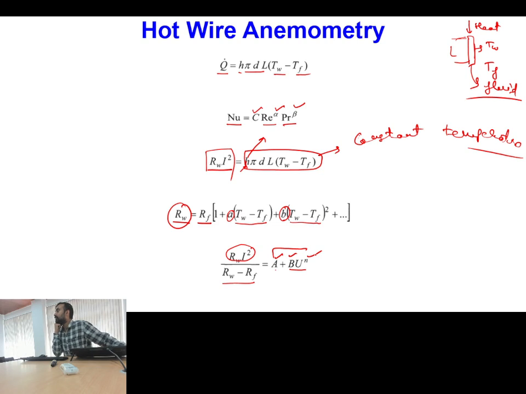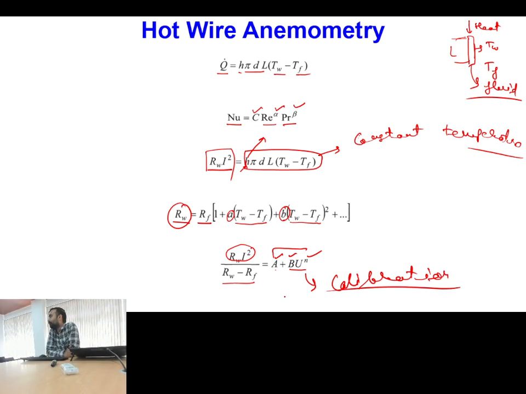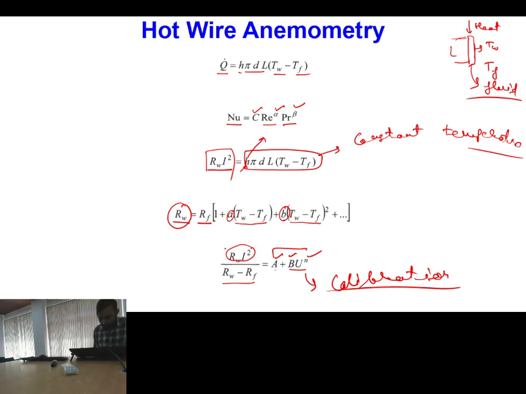We will calculate them from calibration procedures. Is this one clear? So here we need to do calibration in order to determine the values of these exponents. Now by looking at this left-hand side, whenever you do the actual measurement, two parameters can change.